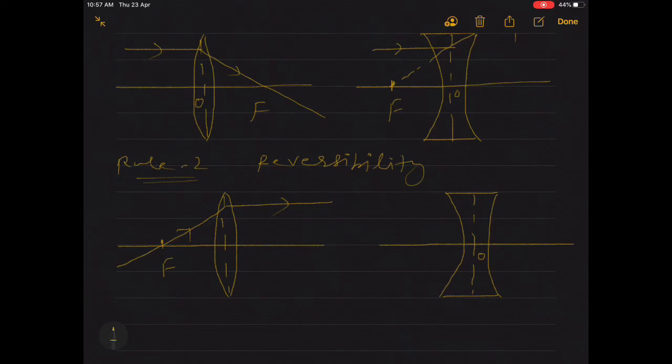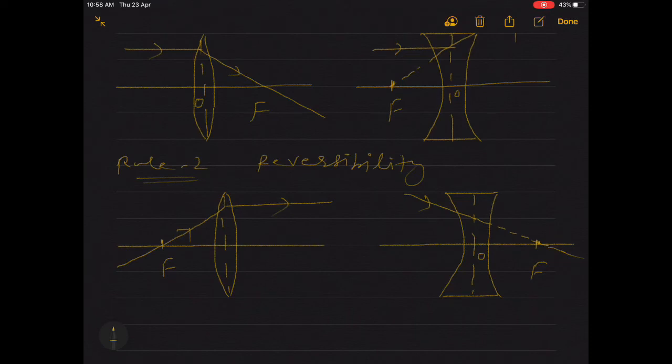Really, when we produce the refracted ray, it was appearing to diverge from the focus. So in case of concave lens, when you draw this ray, the ray will not really pass through the focus, it will appear to pass through the focus. So this is the incident ray, passing or appearing to pass through the focus.